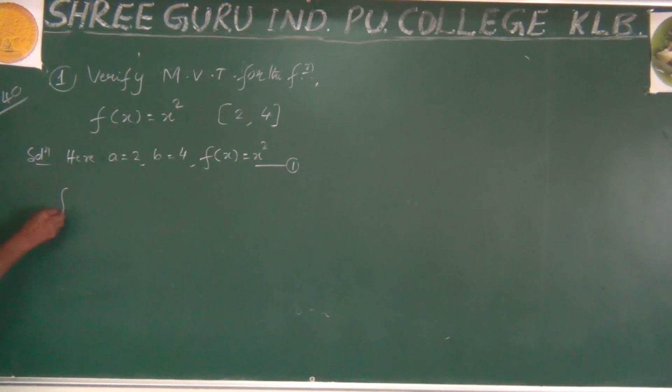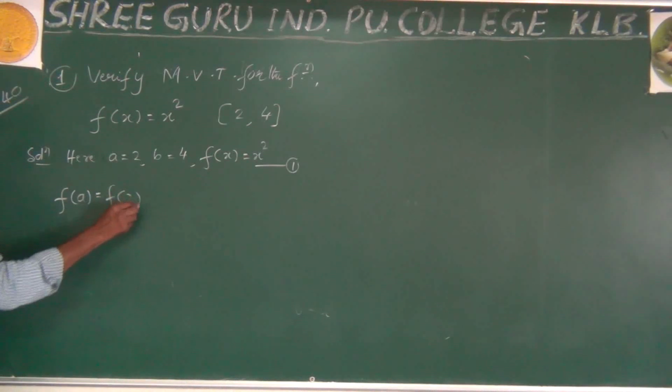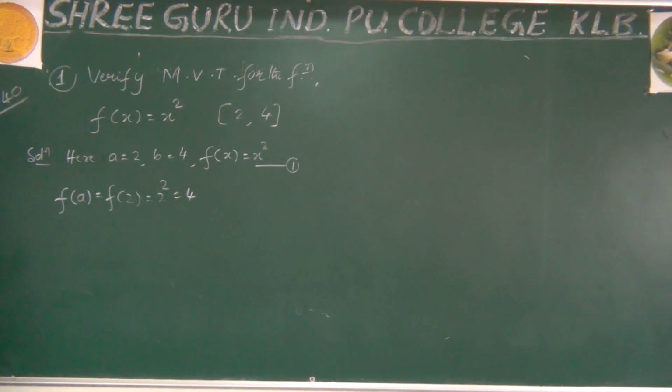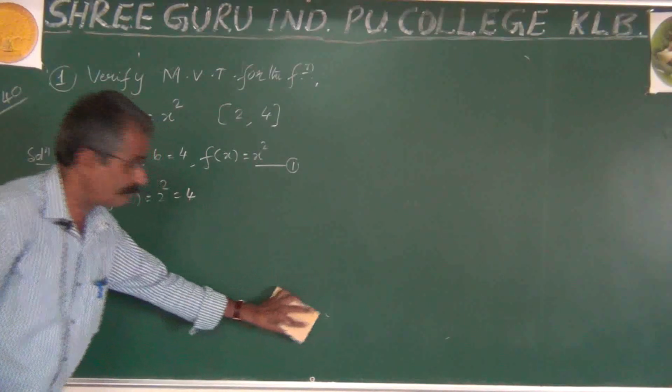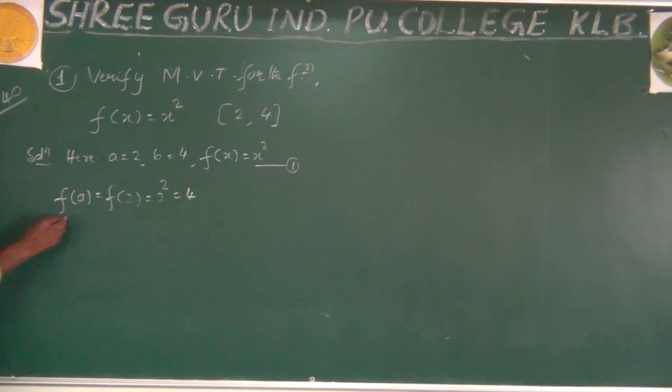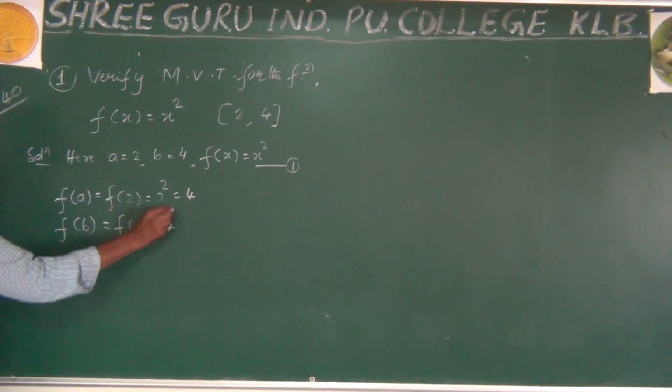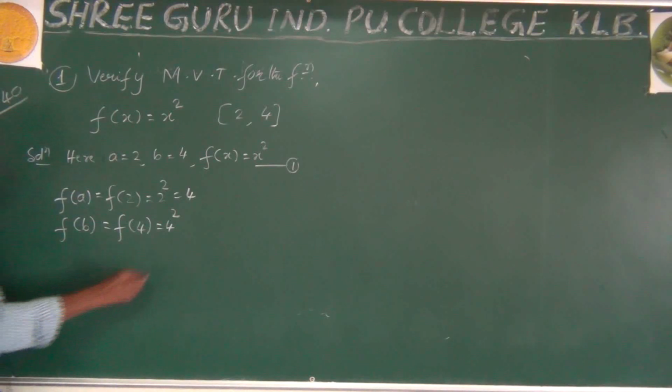Let's find f of a, that means f of 2, that is 2 square, which is equal to 4. Now we shall find f of b, that is f of 4, means 4 square, which will be 16.